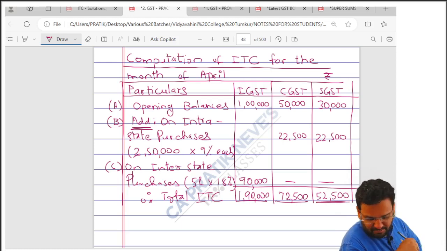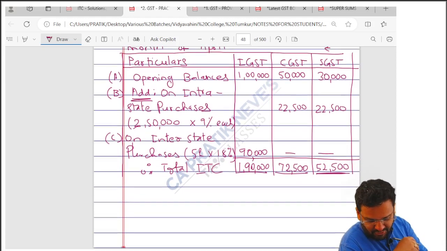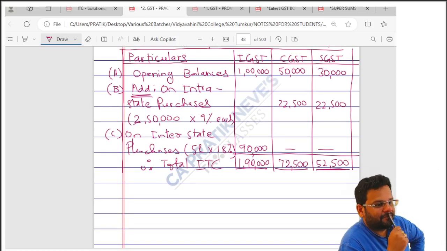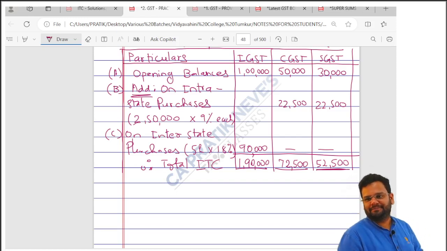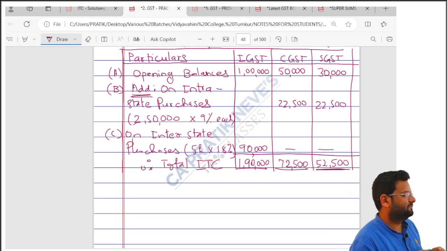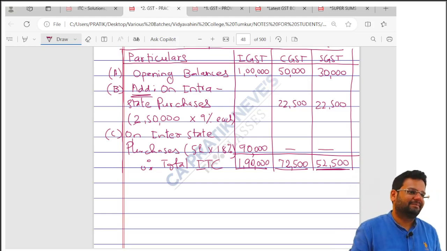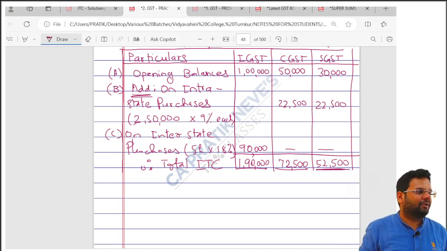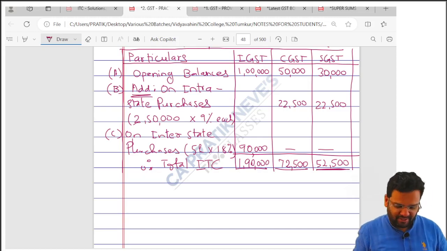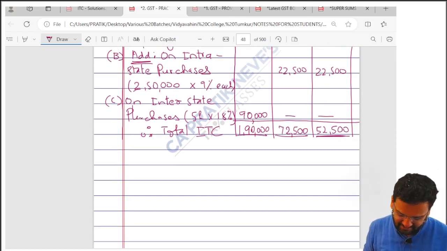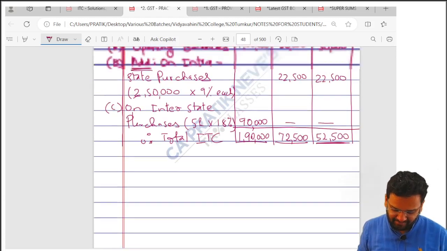Good to make mistakes in between, it just shows that you are paying attention. 1,90,000, 72,500 and 52,500. Have you all reached till this point? Can I go ahead and check your net GST payable?